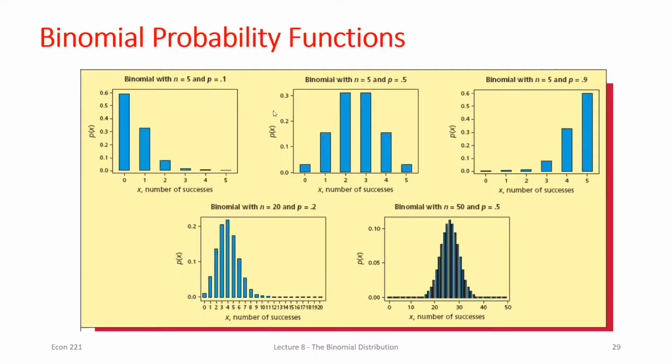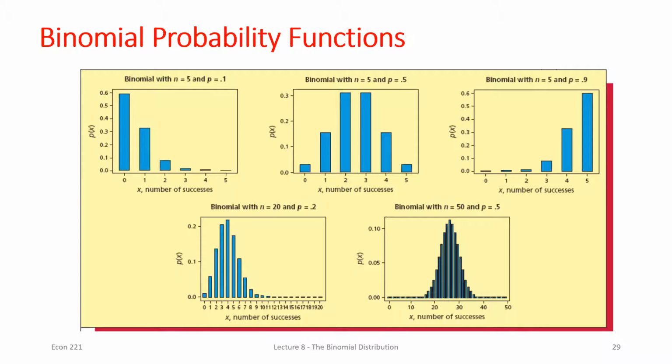Now, if I go back here, smaller sample sizes, and I look at when the number of trials is 5, probability of success is 0.1, my expected value or my mean would be what? N is 5, probability of success is 0.1. My mean would be just n times p, so 5 times 0.1.